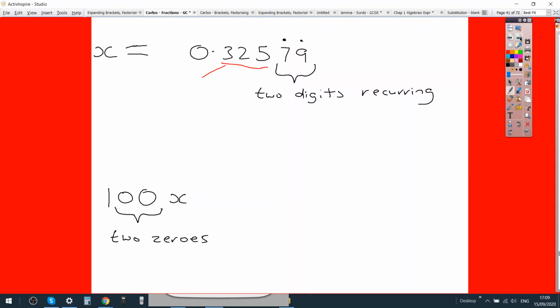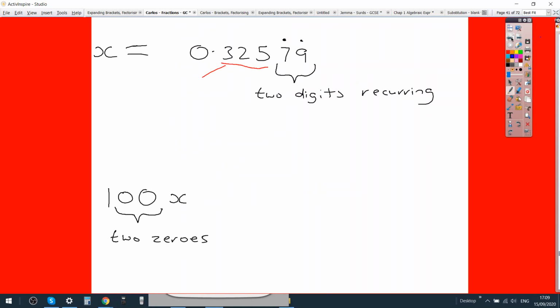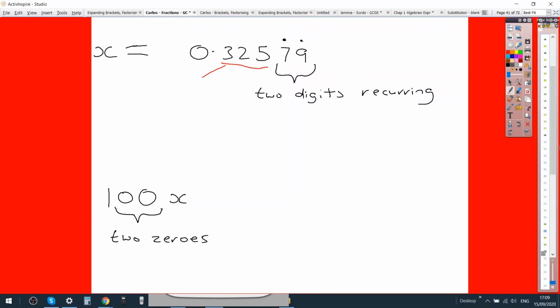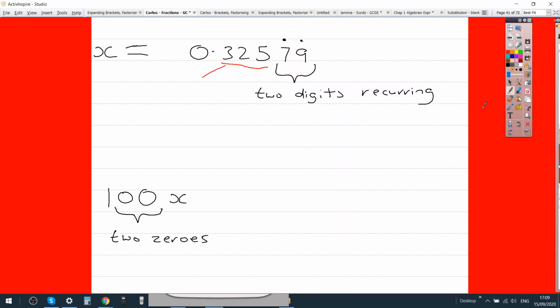Okay, this one. Okay, how about this one? Write this as a fraction. How do we do it? Okay, so because it's 2 digits recurring, you have to times it by 100. Yeah.